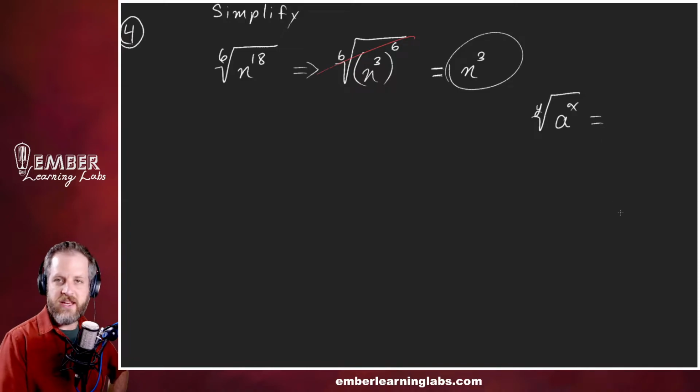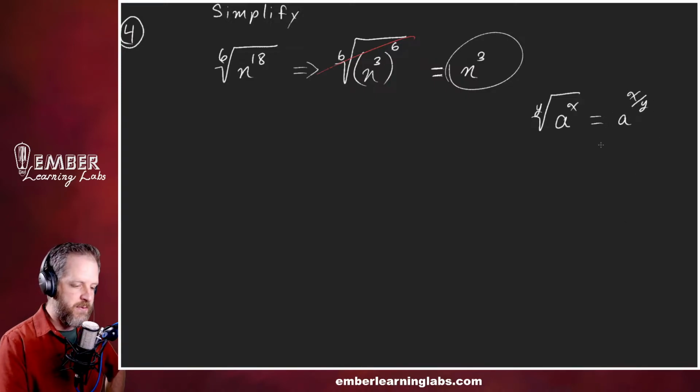We can turn this into a to the x over y, right? So this root goes in the denominator of the exponent. So in this particular case, this would turn into n to the 18 over 6.